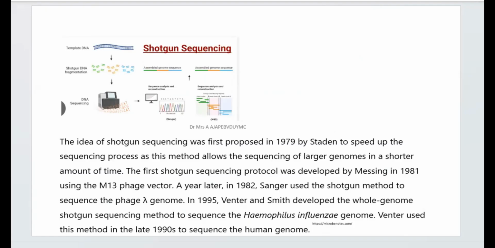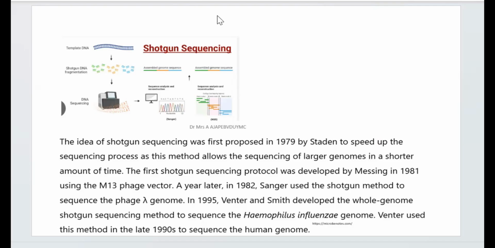Now, a few points from history: it was first proposed in 1979 by Staden to speed up the sequencing processes. We know the Maxam-Gilbert method and Sanger's method, their speed, their efficiency, we have talked about it. And right from Sanger's method to the NGS methods we have talked.